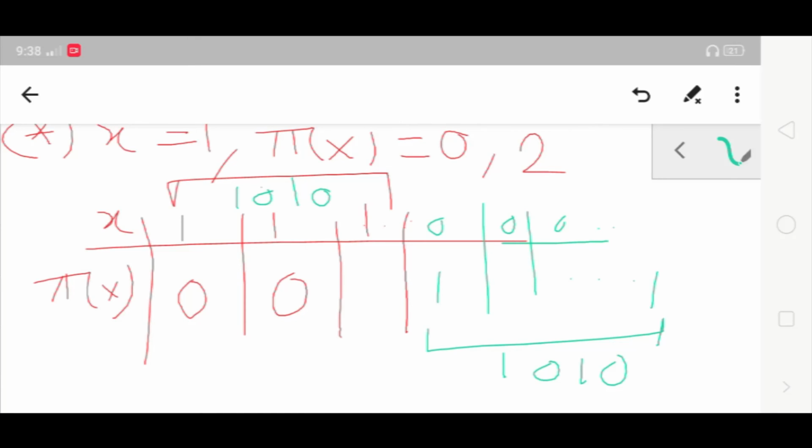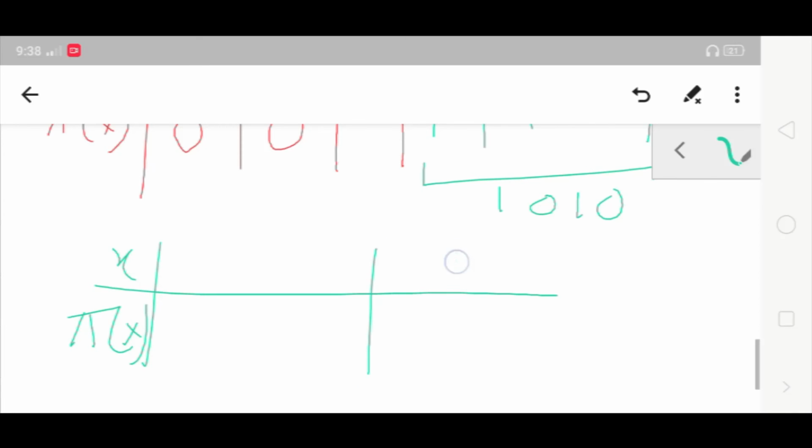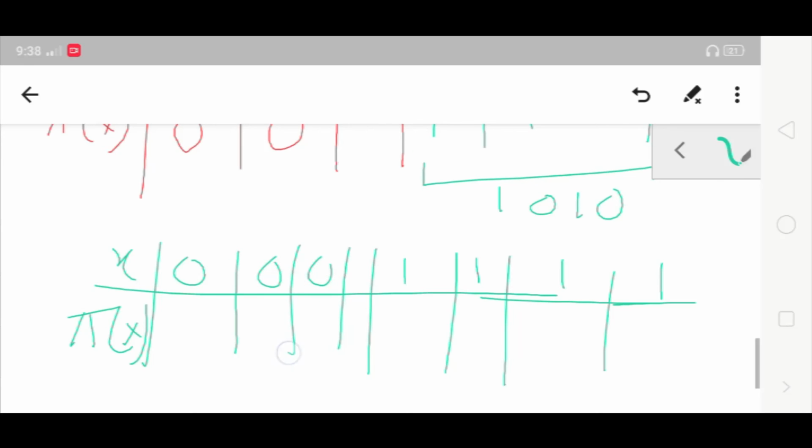So another case we should look into is whenever we put 1 here from the last and 0 from the first. And as I got previously, here the number of 1s is 1,010.